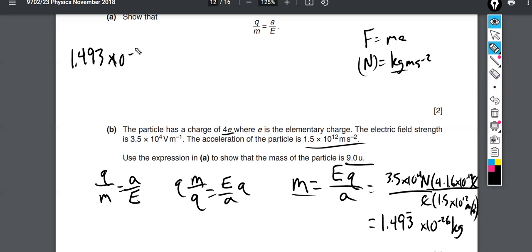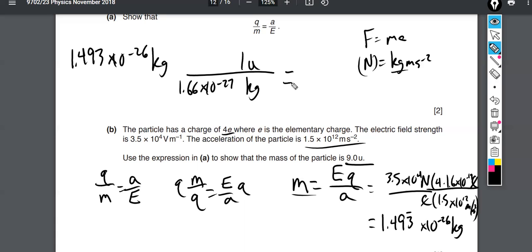Now, a unified atomic mass unit is equal to 1.66 by 10 to the negative 27 kilograms. So we're hoping that when we divide this into that, we get a number that's very close to 9, right? They're suggesting that when we convert this out of kilograms to unified atomic mass units, we get 9.